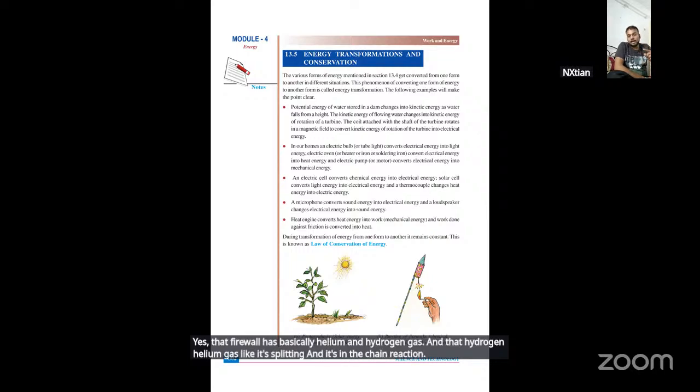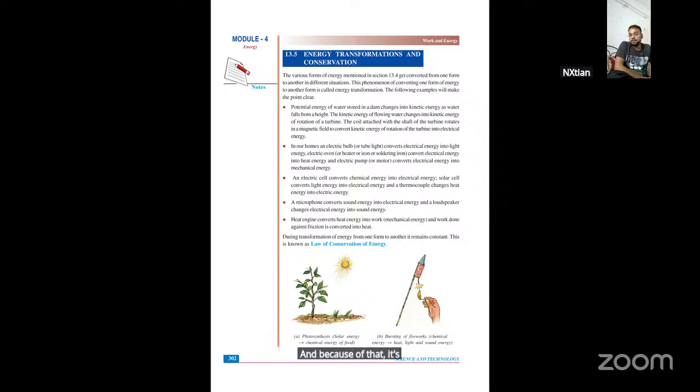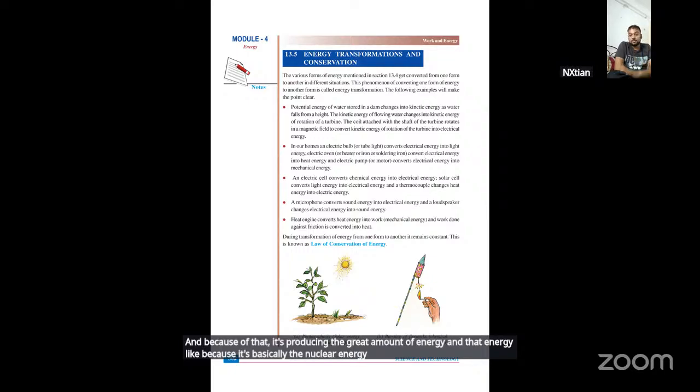Because of that, it's producing a great amount of energy. It's basically the nuclear energy which is continuously going on in the sun. Because of that, now we are getting a good amount of energy. Did you understand, guys?